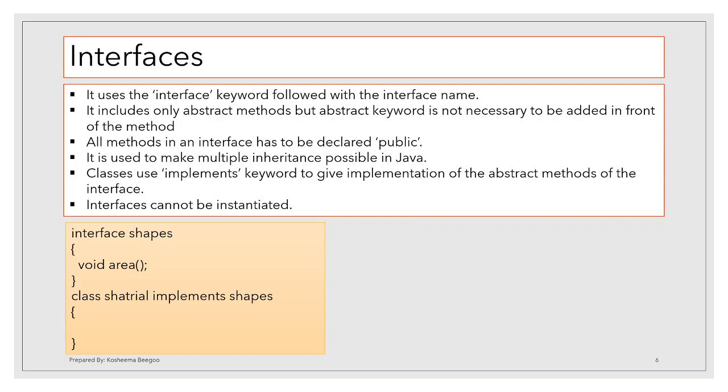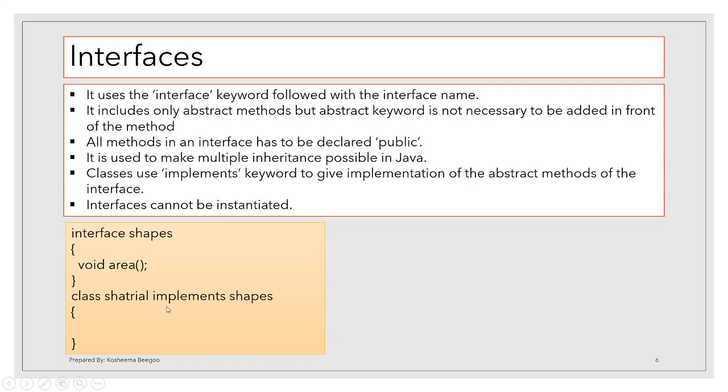Next, we have interfaces. Here we have interface Shapes. Interface is the keyword. In an interface, we have only abstract methods. We cannot have a method definition here.